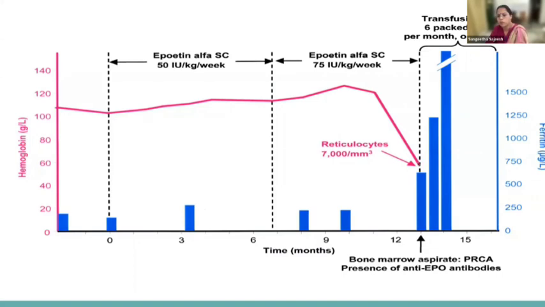At this time the patient was requiring transfusion of 6 packed RBCs per month on average, and anti-EPO antibodies were present. This is important because if, despite the use of high dose, the patient has a significant sudden drop in hemoglobin without any other obvious reasons, we can consider the presence of anti-EPO antibodies and test further for pure red cell aplasia.